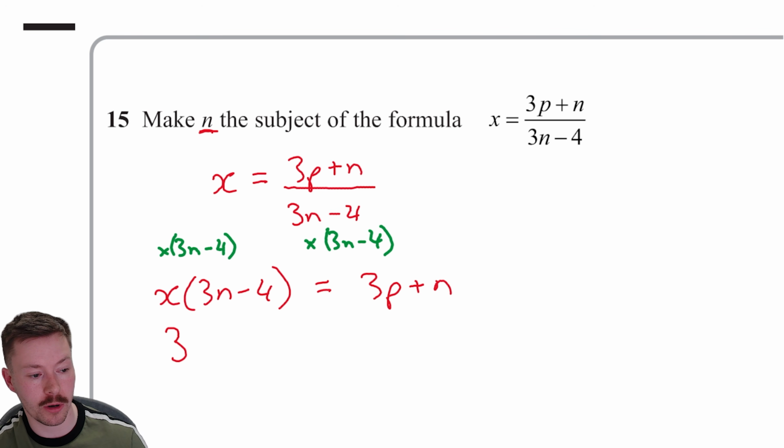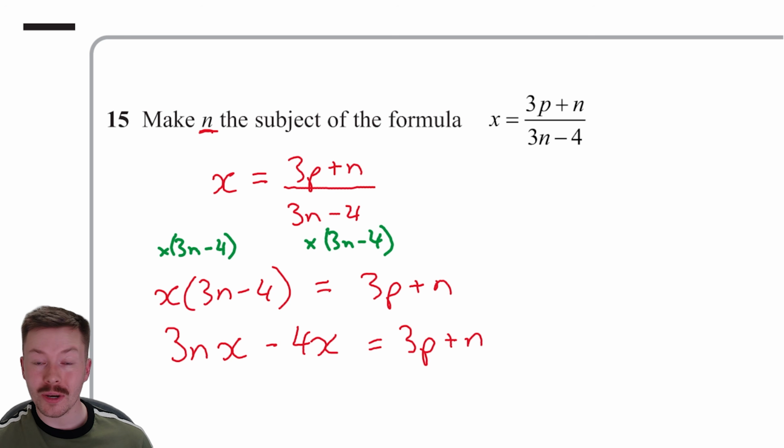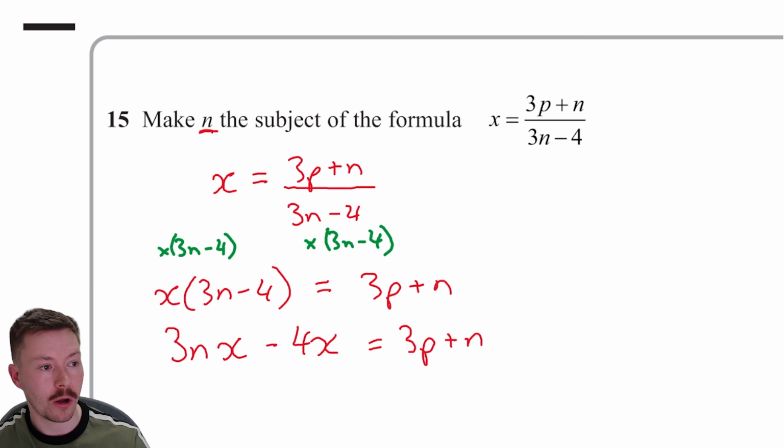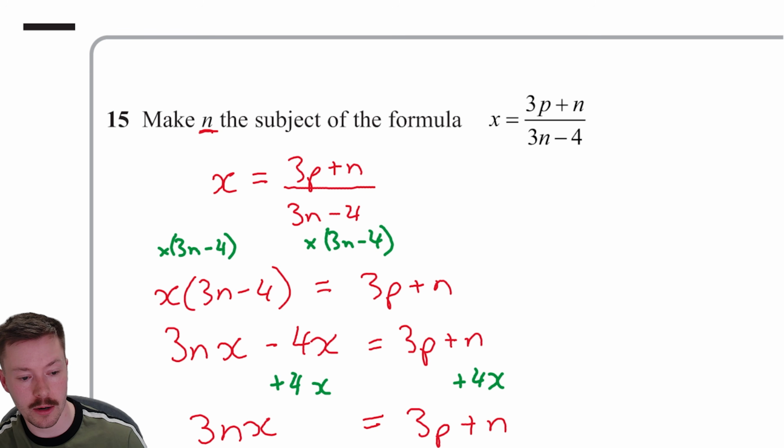So we are going to get 3nx minus 4x is equal to 3p plus n. From there, we need to get every term with n in on one side, everything else on the other side. So I'm going to add 4x to both sides, and I'm going to get 3nx is equal to 3p plus n plus 4x.